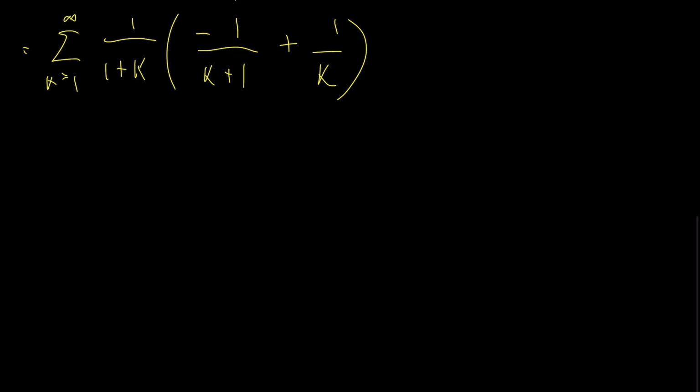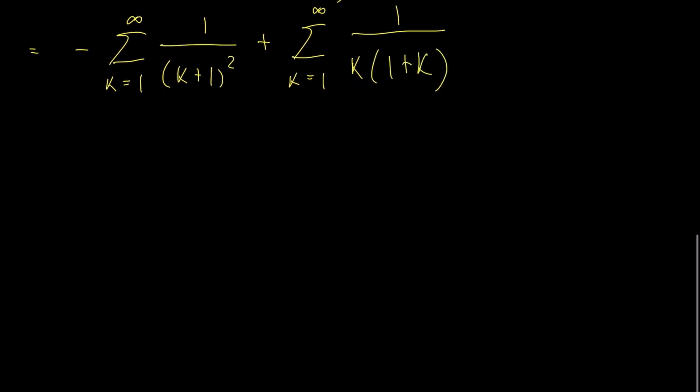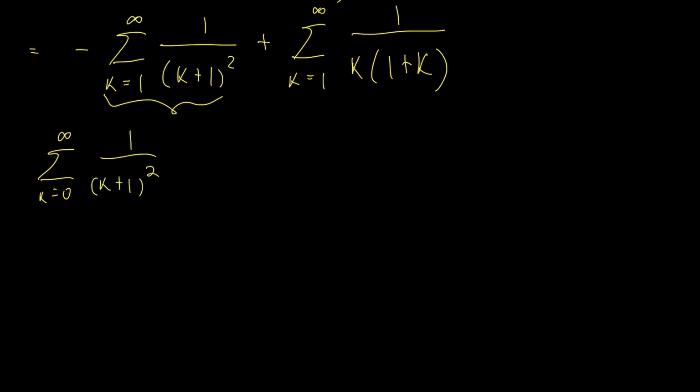So distributing that, we have negative the sum from 1 to infinity of 1 over k plus 1 squared, and then plus the sum from 1 to infinity of 1 over k times 1 plus k. So we're going to do this sum first. We know that the sum from 0 to infinity of 1 over k plus 1 squared is the same thing as pi squared over 6.